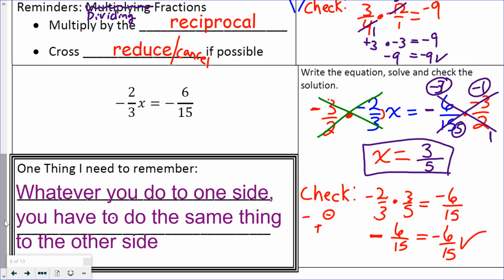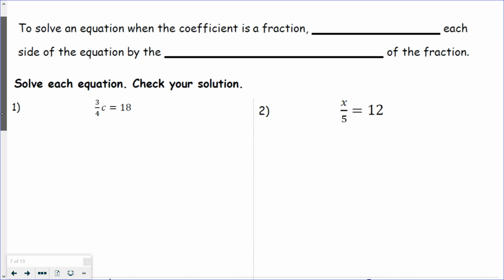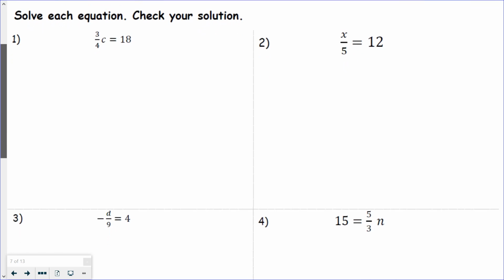All right. So I'm going to go ahead and go to our next homework assignment. Okay. Now 2 looks like just a regular old division problem, but technically this is a 1/5 that x is being multiplied.